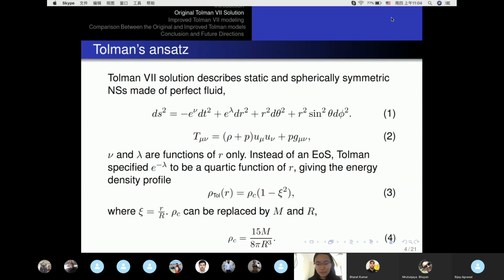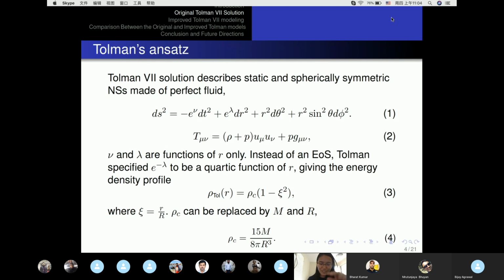And here, instead of an equation of state, Tolman just specified what e to the minus lambda is, and he gives this e to the minus lambda to be a quartic function of r, which gives the energy density function to be a quadratic function in radius. And here you can see that rho c can be replaced by mass and radius.